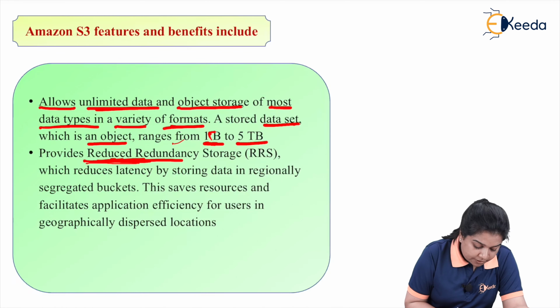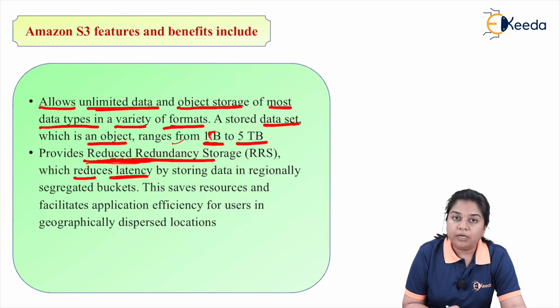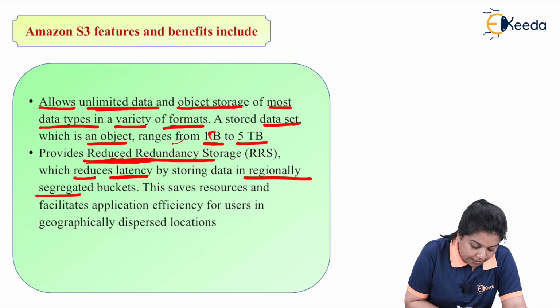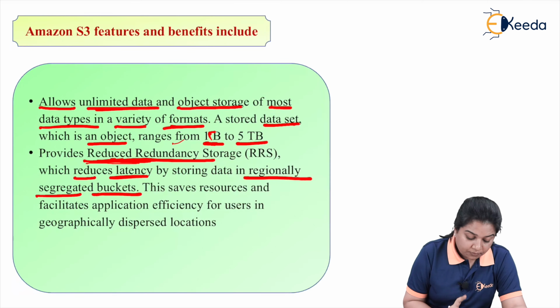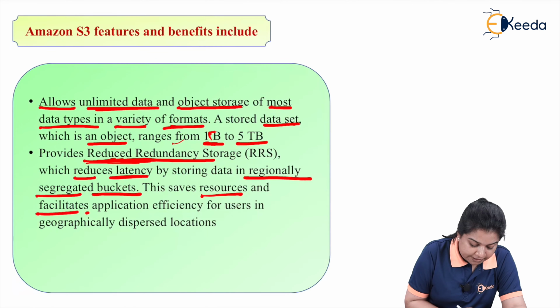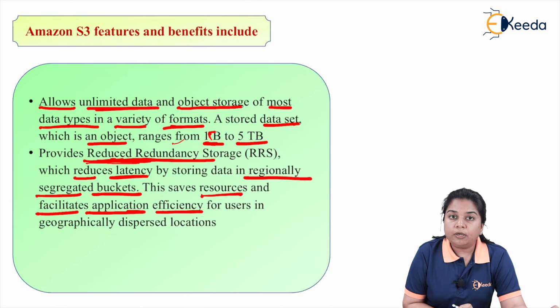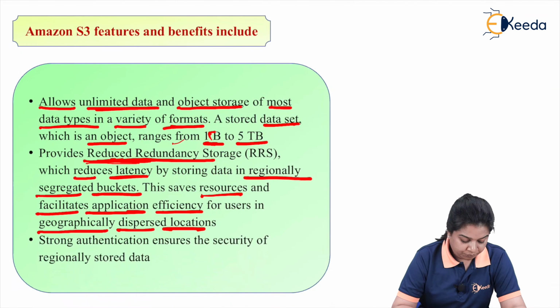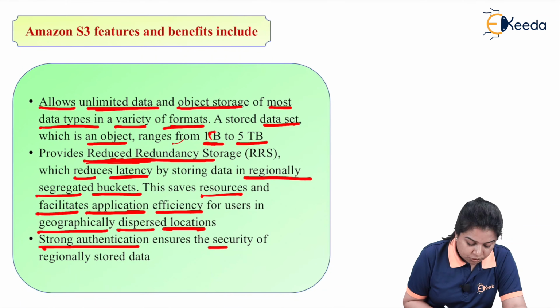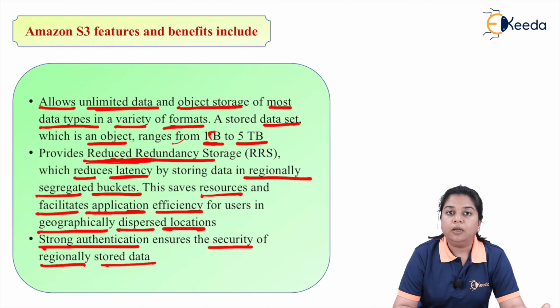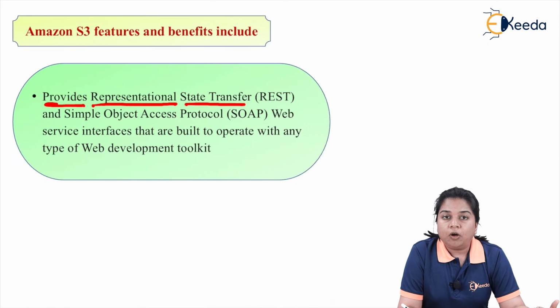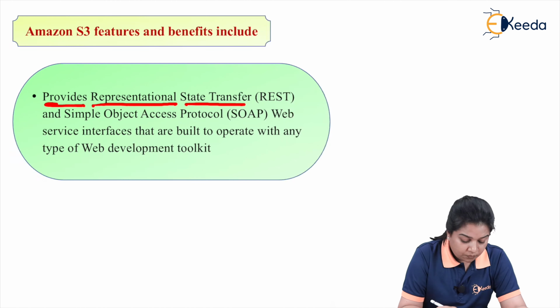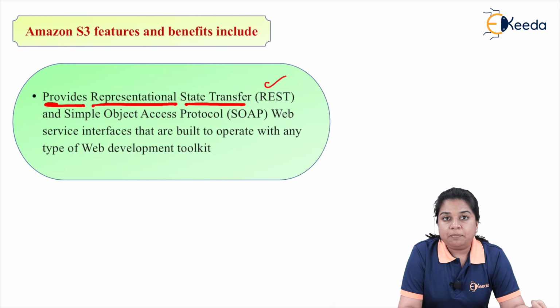So it provides this reduced redundancy storage, which reduces latency by storing data in regionally segregated buckets. This saves resources and facilitates application efficiency for users in geographically dispersed locations. Strong authentication ensures the security of regionally stored data. We all know that in maximum instances cloud uses the REST API.